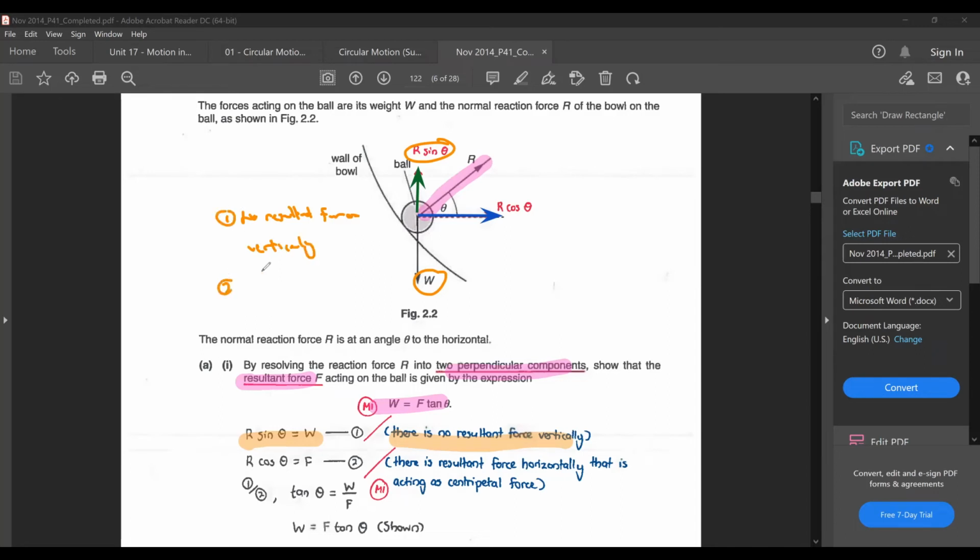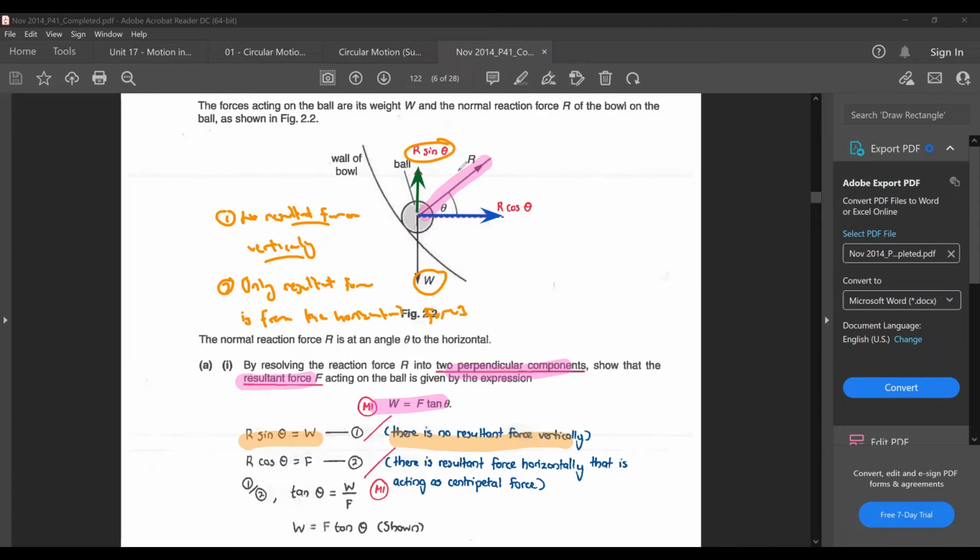If there's no resultant force vertically, that means the only resultant force is from the horizontal forces.